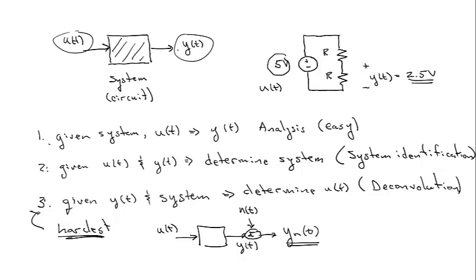And it's hard to tell what parts of Y sub n of t are actually associated with Y of t and what is something that's just coming in from the outside world. So both of these require you to somehow get rid of n of t without knowing what it is.